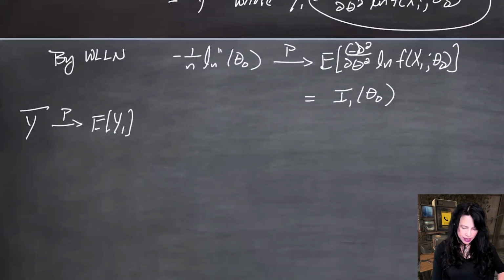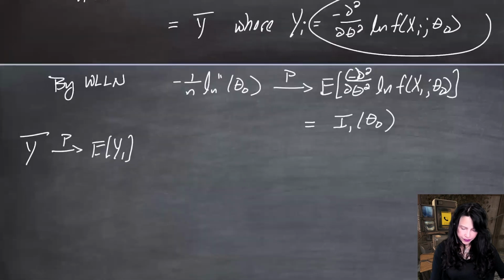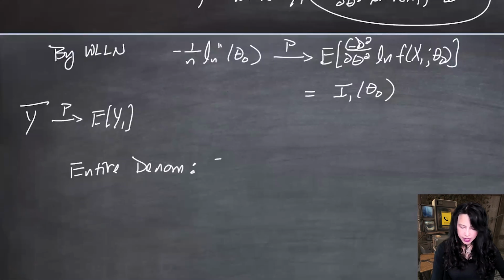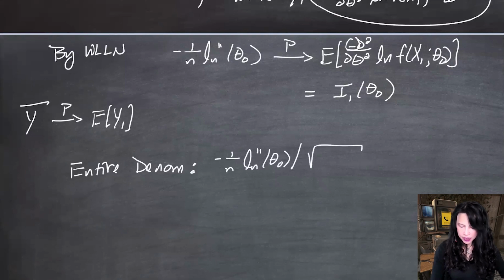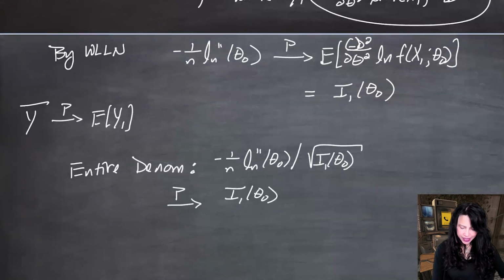Let's look at the entire denominator. Negative 1 over n log likelihood second derivative with theta naught plugged in divided by the one-dimensional Fisher information is going to converge in probability to the one-dimensional Fisher information over the square root of the one-dimensional Fisher information.